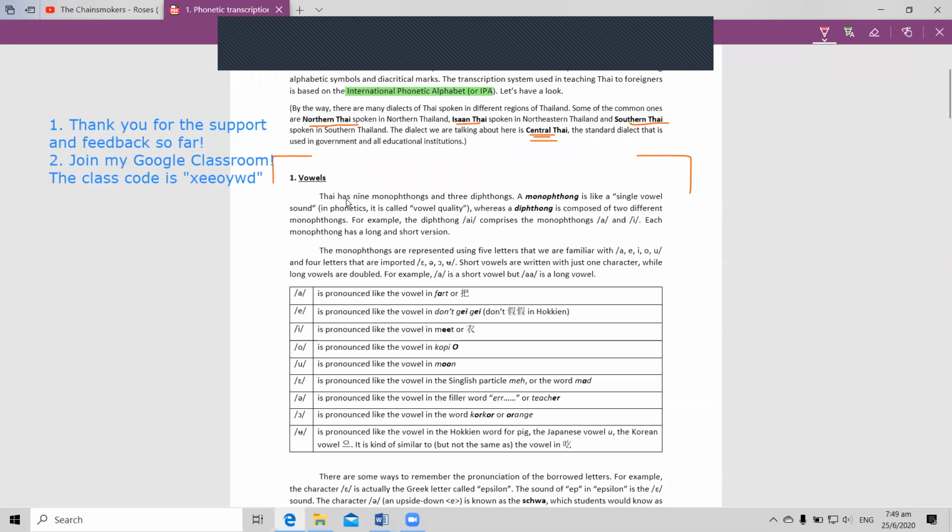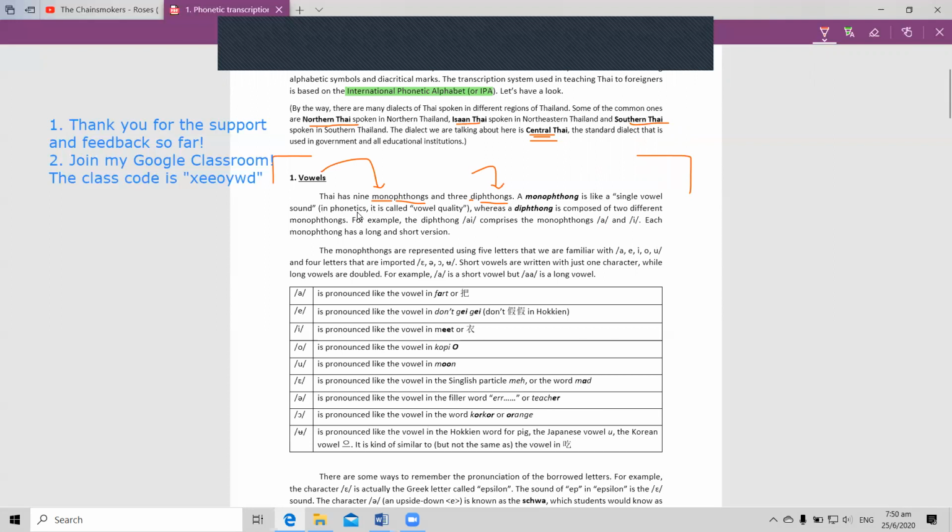So Thai has 9 monophthongs and 3 diphthongs. So a vowel can exist as a monophthong or a diphthong. What's a monophthong? Mono means one, thong means sound, and di means two, so 2 sounds. So a monophthong is a single vowel sound. In phonetics, the single vowel sound is called the vowel quality.